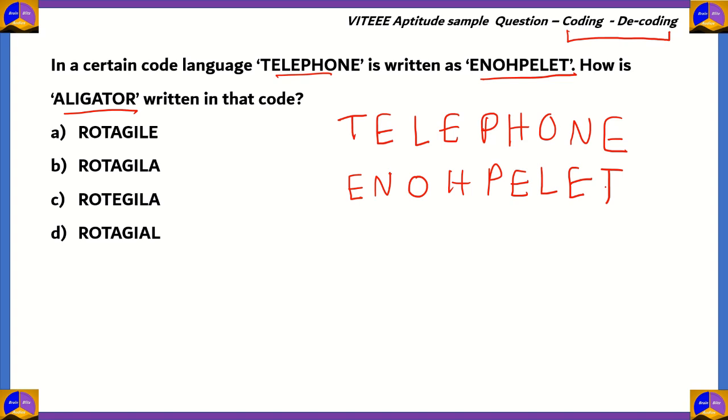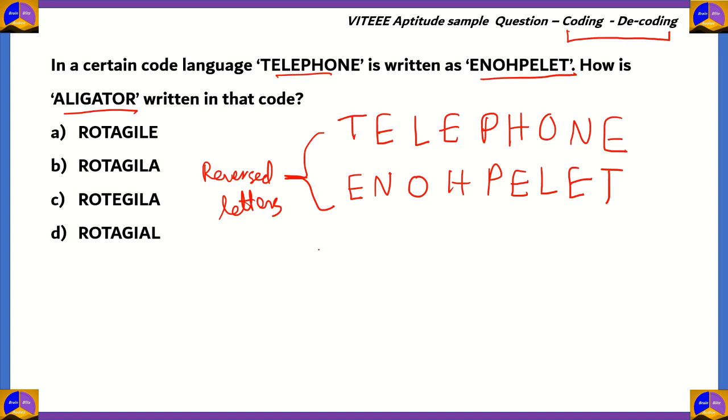So T comes last, then E, then L, then E, then P, then H, then O, then N, and finally you have E as the first letter. So the relation here is that the letters are reversed. The reversed letters of that word constitute the code in this language.